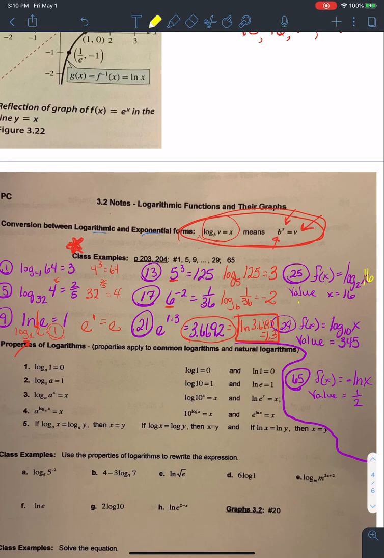If I had 2 raised to some exponent and it equaled 16, what would that number have to be? So 2 times 2 times 2 times 2, how many 2's do I need to multiply together to get 16? I hope you can do that one in your head. I hope you're going to get x equals 4.